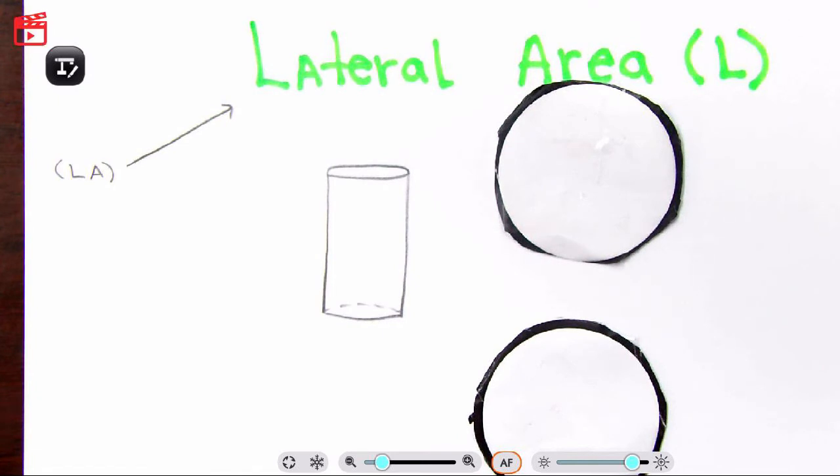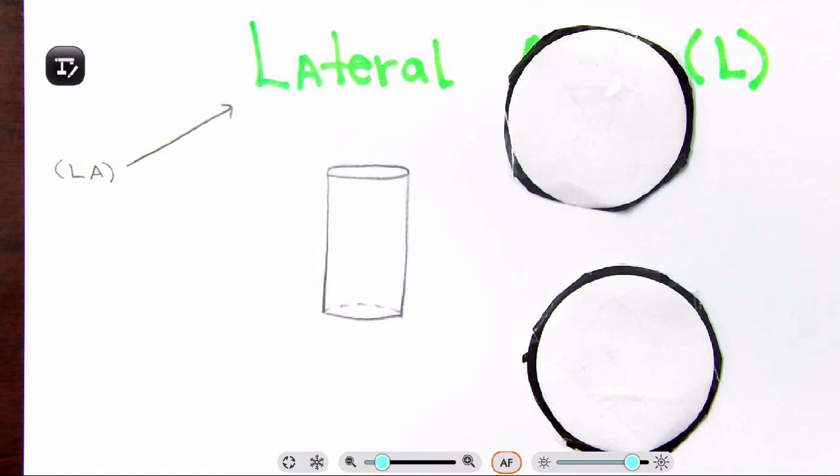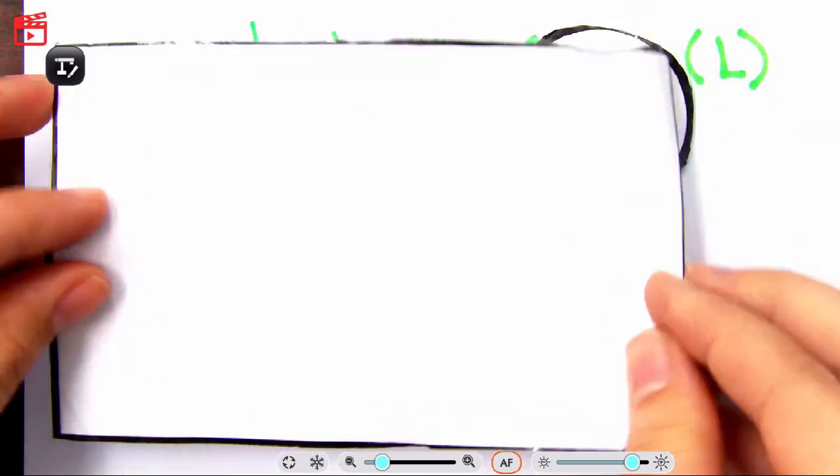So a net is us unrolling, ungluing, taking each section of our 3D picture and identifying what we have. So I have a top base, I have a bottom base, and then this right here is what is left over.